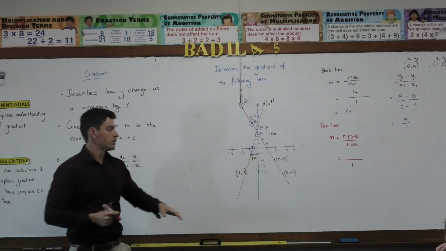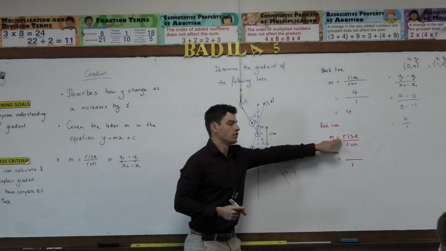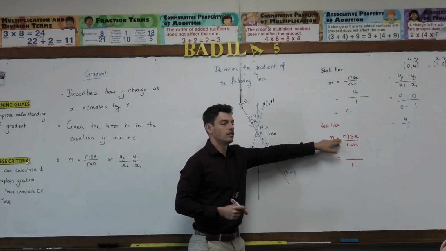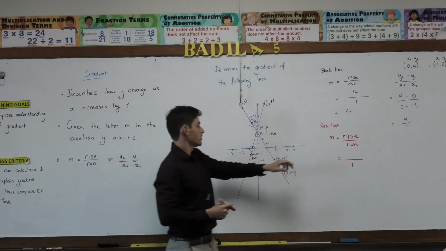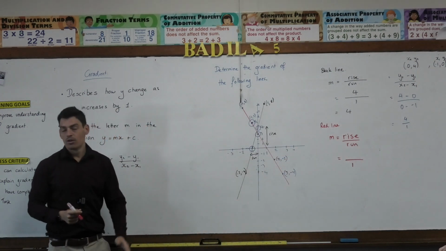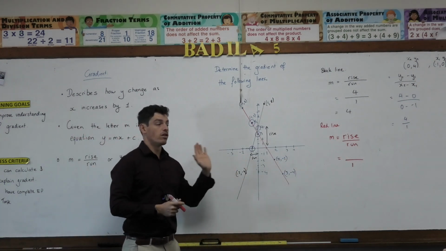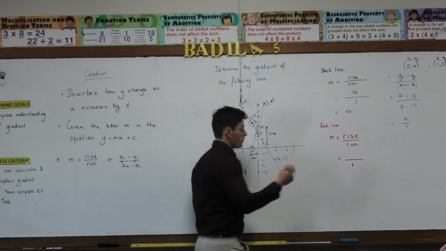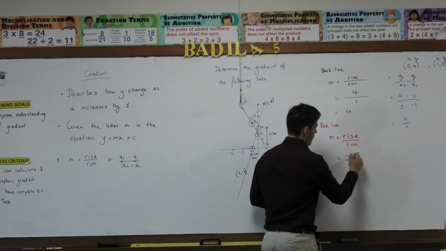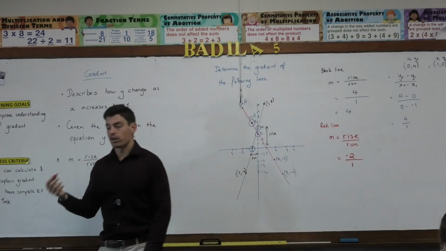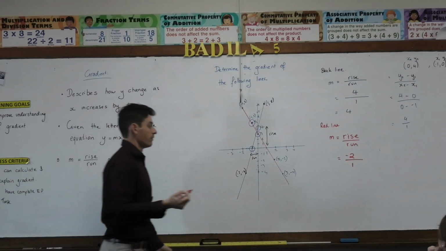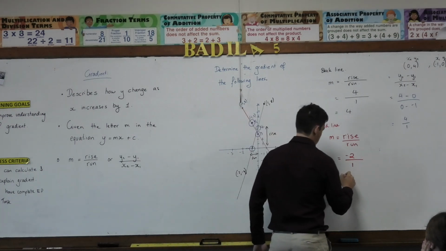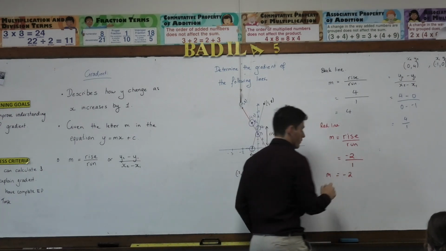But what's this word say? Rise. Is it rising? No, we read left to right, don't we? It's decreasing. So the number is 2, but it should be -2. What's -2 divided by 1? -2. So our gradient is -2.